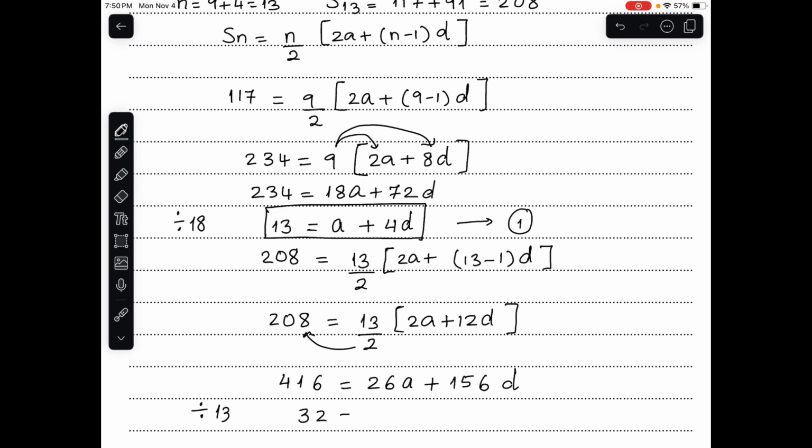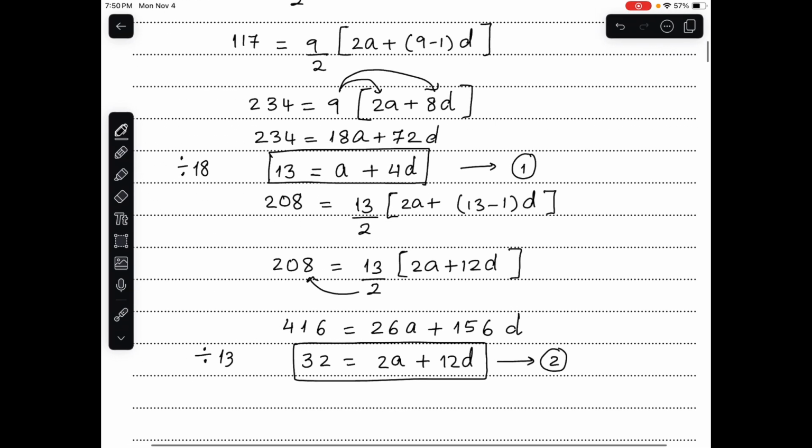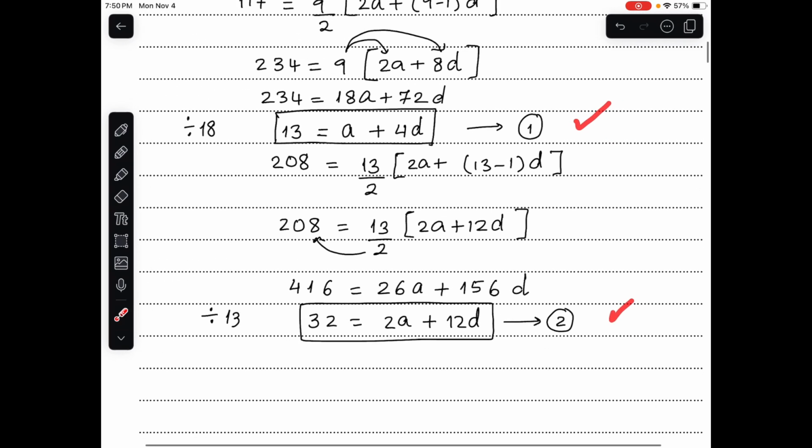Again, this step is optional. 13 times 2 is 26. 156 divided by 13 gives me 12. So that's your simplified expression. It's a good idea to simplify so that you can actually solve these two equations simultaneously. Otherwise, you'll be dealing with very big numbers.